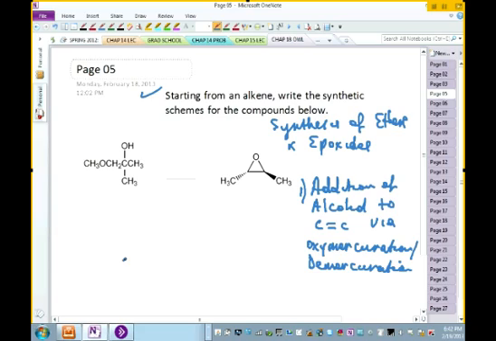And what does that mean? In this case, if we have a carbon-carbon double bond, and we have mercuric trifluoroacetate. I'm sure we've used that before, remember? We used this when we were adding water across the carbon-carbon double bond.